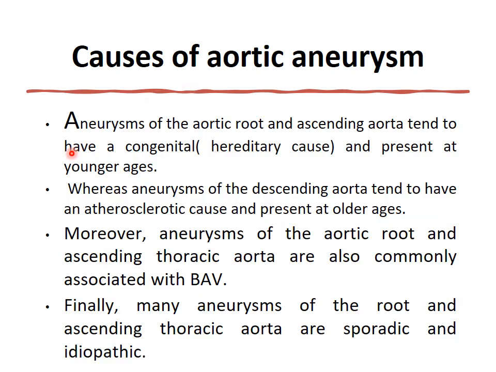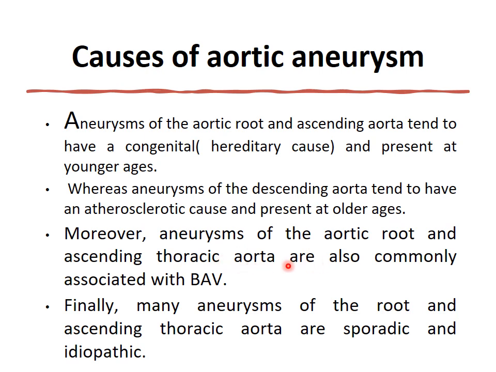So, to summarize the causes of aortic aneurysm, aneurysms of the aortic root and ascending aorta tend to have a congenital or hereditary cause and present at a younger age, while aneurysms of the descending aorta tend to have an atherosclerotic cause and present at an older age.